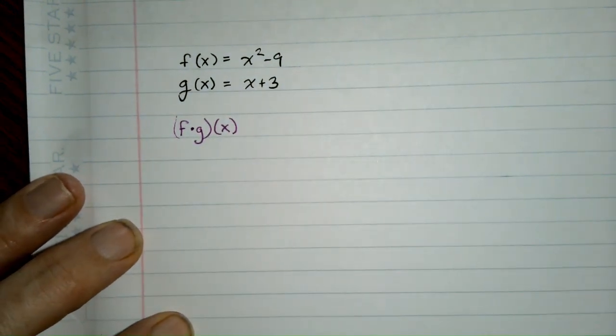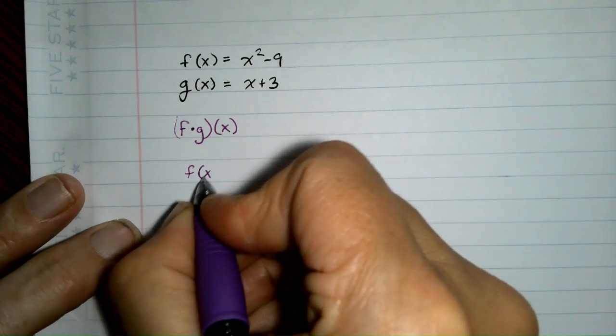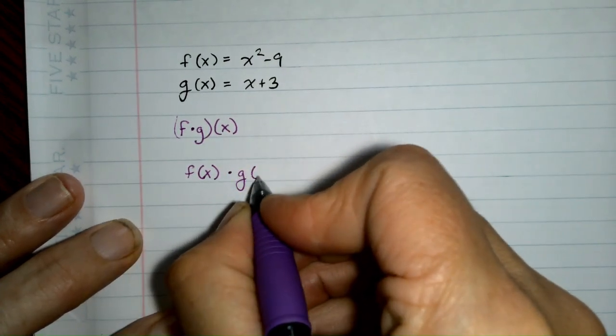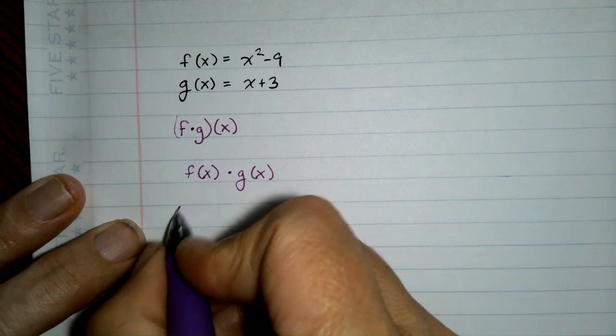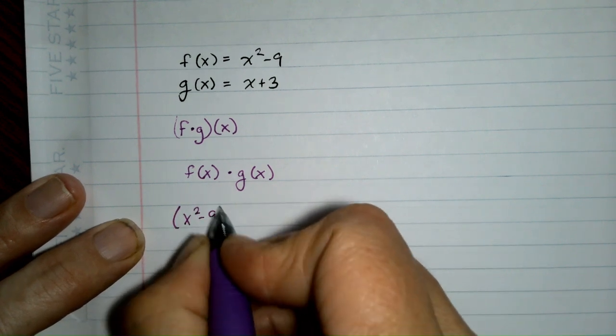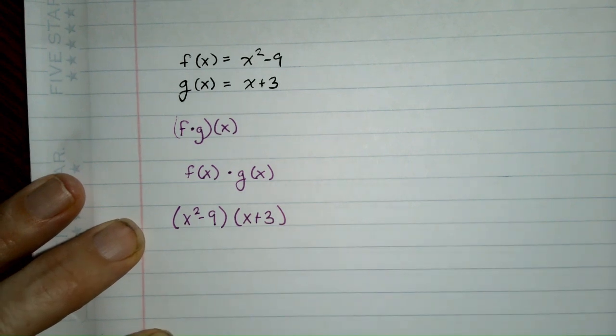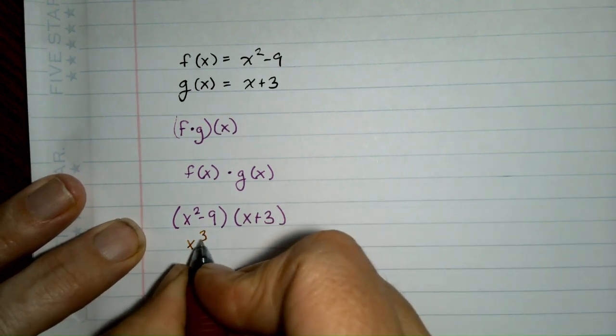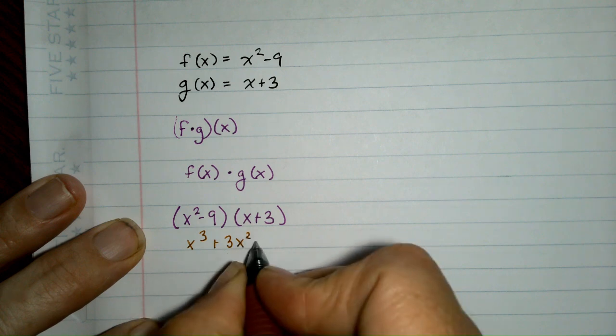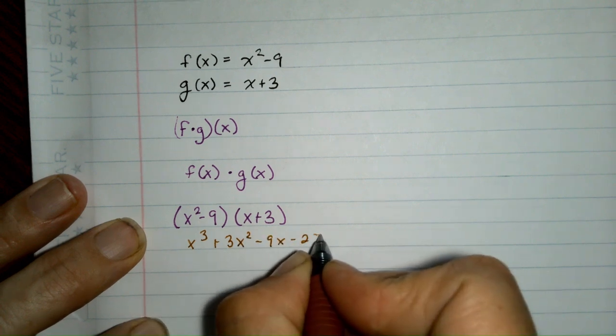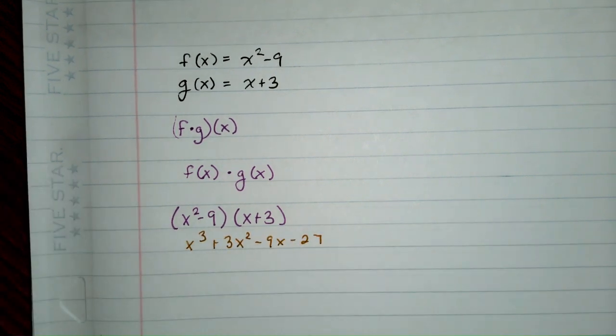Okay, well, I'm going to take the equation named f of x and multiply it by the equation named g of x. x squared minus 9 needs to get multiplied by x plus 3. Hey, that's a FOIL problem. First, outside, inside, last. And there's nothing else we can do because there's no like terms to add together. That's done.